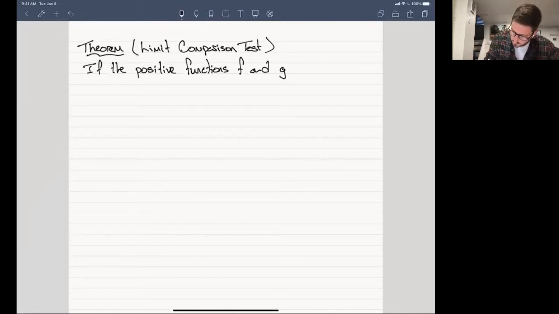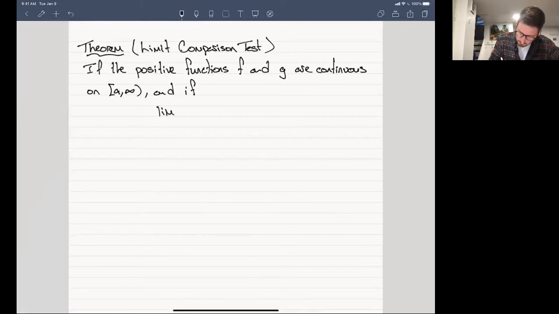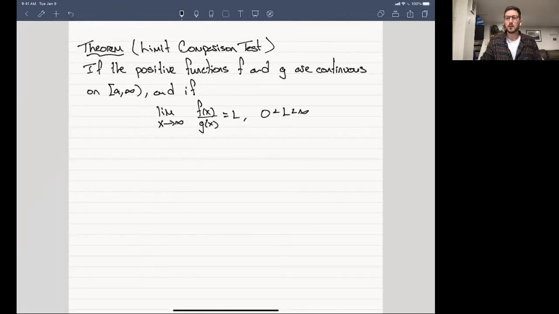So if these are continuous on the interval a to infinity, and if they are the same in the big O notation, so the limit as x goes to infinity of f of x over g of x is equal to some limit L, with L being, of course, finite. Okay, so that means f is equal to big O of g, or g is equal to big O of f.